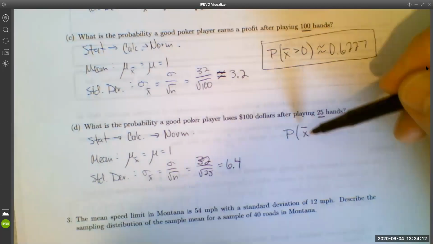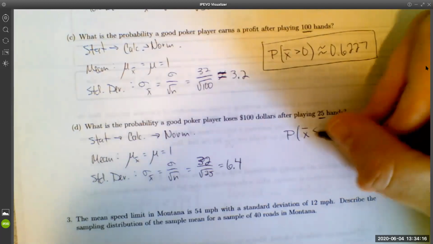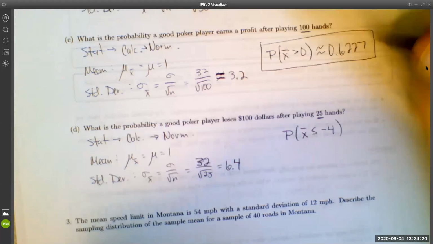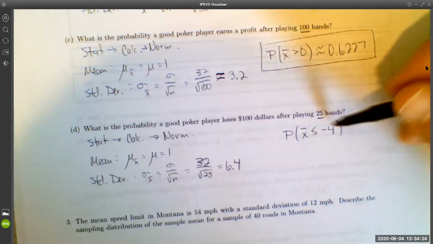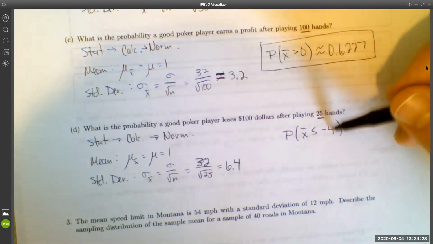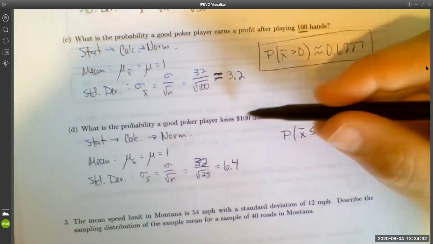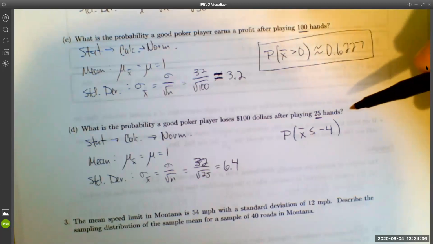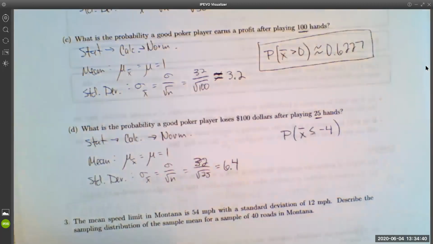So we want to look for the probability that X bar is less than or equal to -4, right? In other words, if their average loss on each hand is -$4, then after 25 hands, 4 times 25 is 100. So after 25 hands, they've lost $100, which is the probability we're looking for.